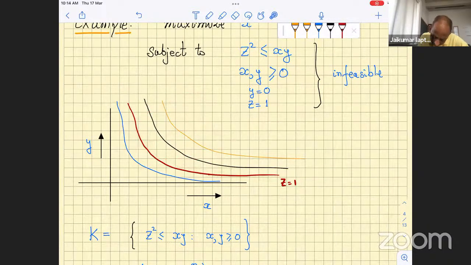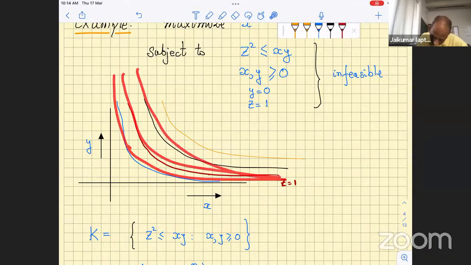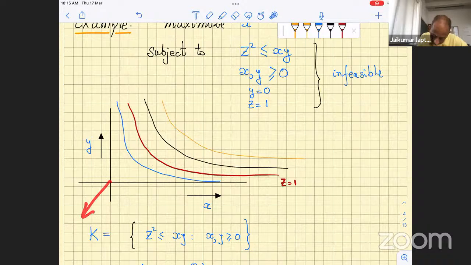So you can imagine, I don't know if you're seeing the same picture of the cone that I'm seeing. I'm seeing a little mountain here, like that. These are all slices of that mountain at various heights, Z, which I have not drawn.